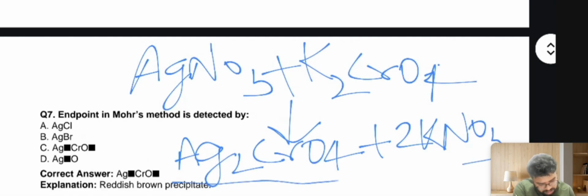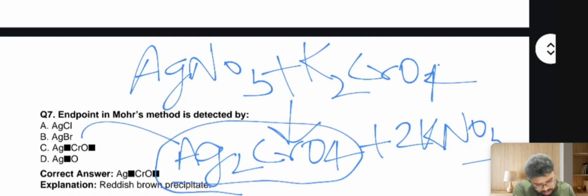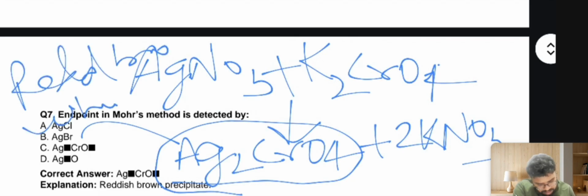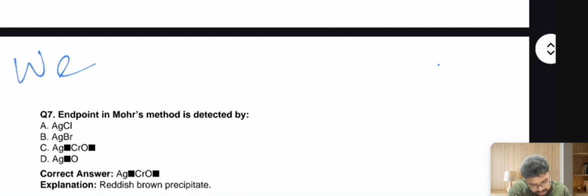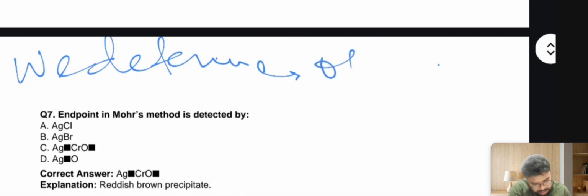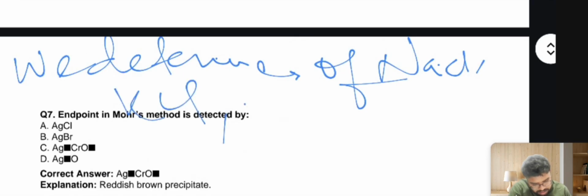When the reddish brown precipitate forms, the end point is detected in Mohr method. In Mohr method we determine NaCl, KCl, NaBr, etc. Okay.